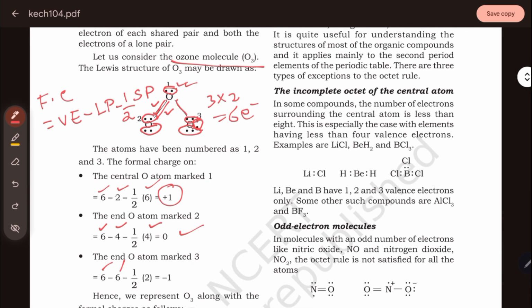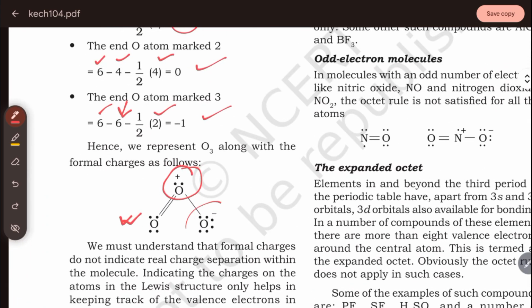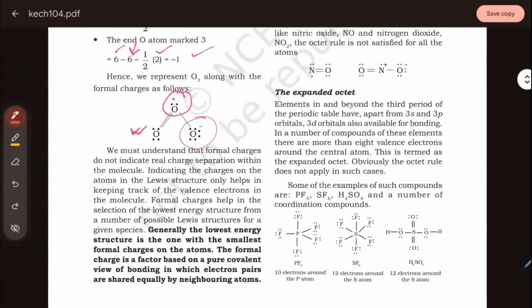So here there are 6 non-bonding electrons, or I'll say 3 lone pairs. Now half of the shared pair. Shared pair is this bond only. So that is one bond corresponding to 2 electrons. So the charge is -1. So what you can see over here is 1 negative. This is how formal charge is calculated.